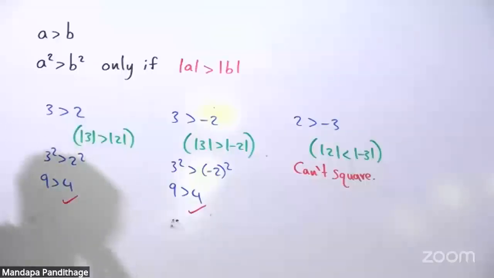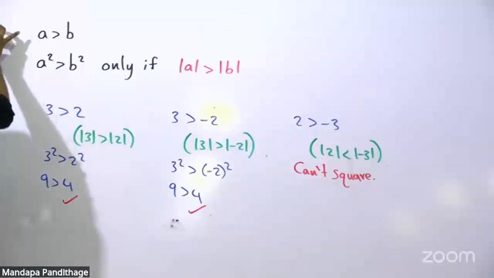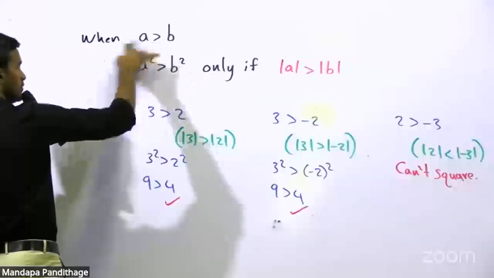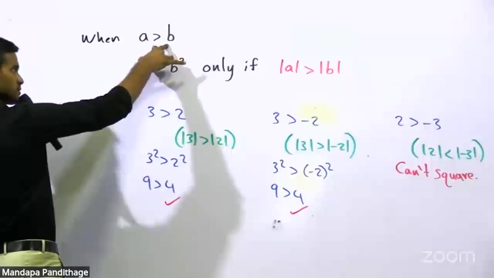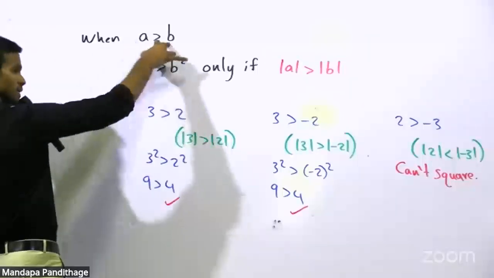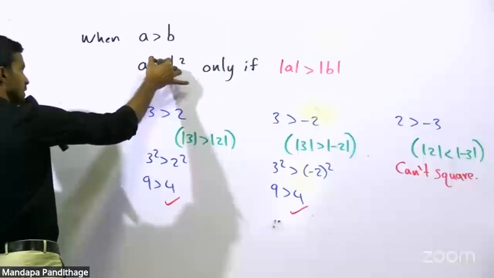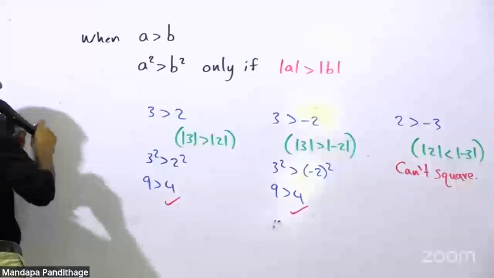Then below that, write in a black pen, in the exact way. When A is greater than B, look at the board, use a black pen. Below this one, A squared is greater than B squared.